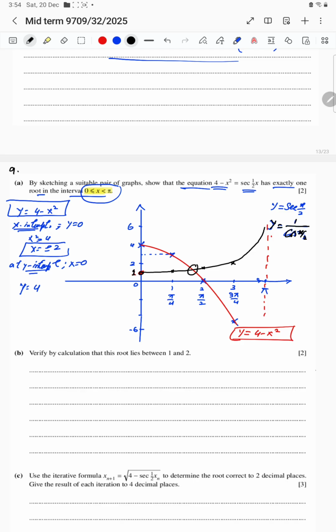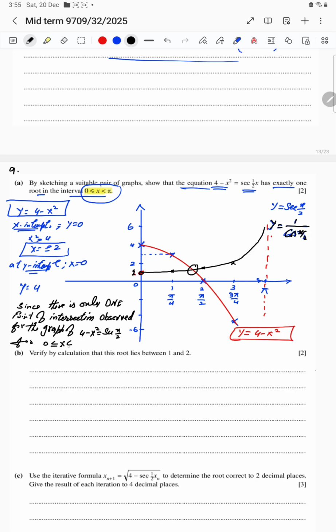So here you can see this is the only one point of intersection. You can write, since there is only one point of intersection observed for the graph of 4 minus x square equal to secant x by 2 for 0 less than or equal to x less than or equal to pi.